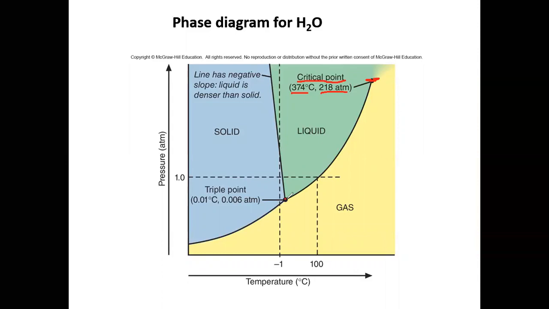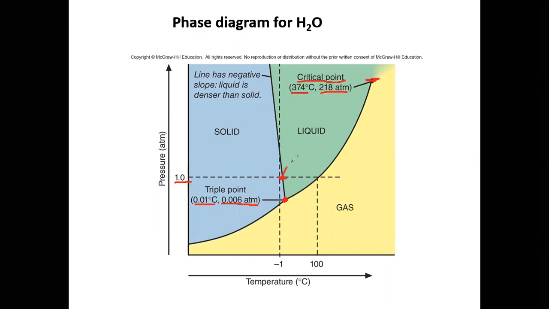Likewise, we have the triple point of water, and it's at almost 0 degrees Celsius and 0.006 atmospheres. Again, the triple point of water is where all three phases coexist. Now if we look at 1 atmosphere, we see that 1 atmosphere crosses the solid-liquid phase boundary at approximately 0 degrees Celsius.